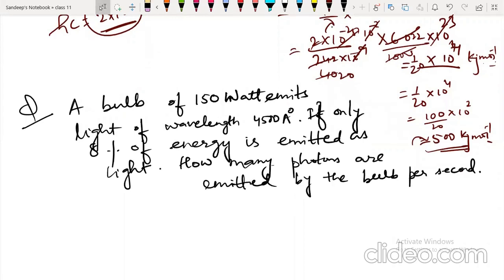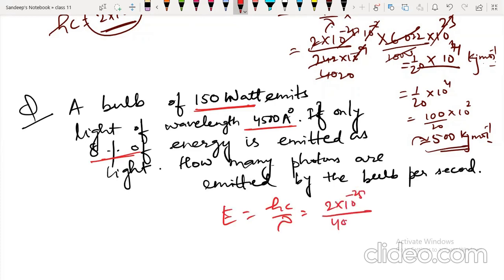How you will solve? Same formula. 8% of energy. So first you need to find the energy. Energy formula is hc by lambda. So 2 into 10 to the power minus 25 upon lambda is 4500 into 10 to the power minus 10. Solve this.